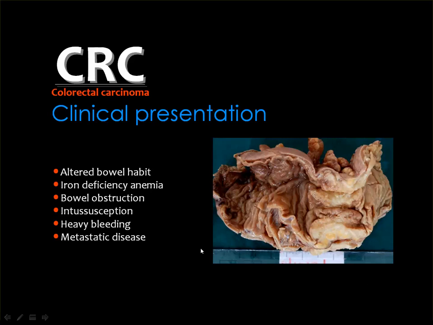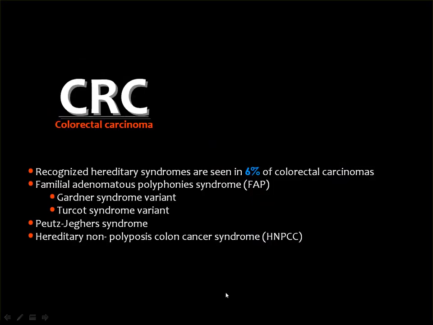Then the clinical presentation of colorectal carcinoma may include abnormalities in the bowel habit, iron deficiency anemia due to rectal bleeding, bowel obstruction, intussusception, and maybe heavy bleeding, and also metastatic disease.